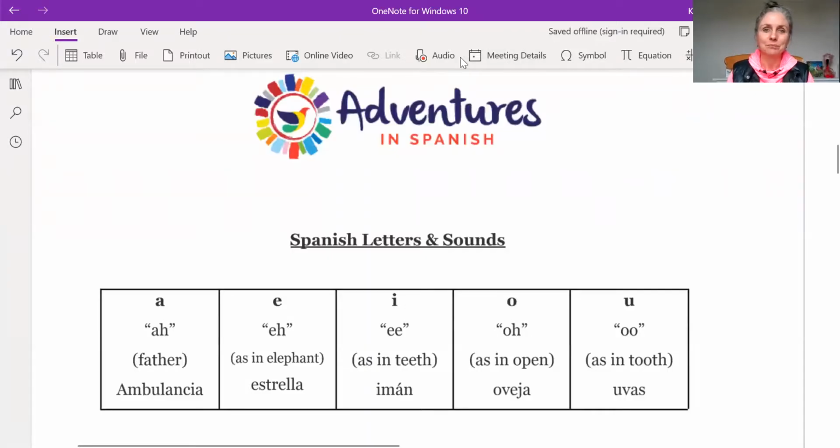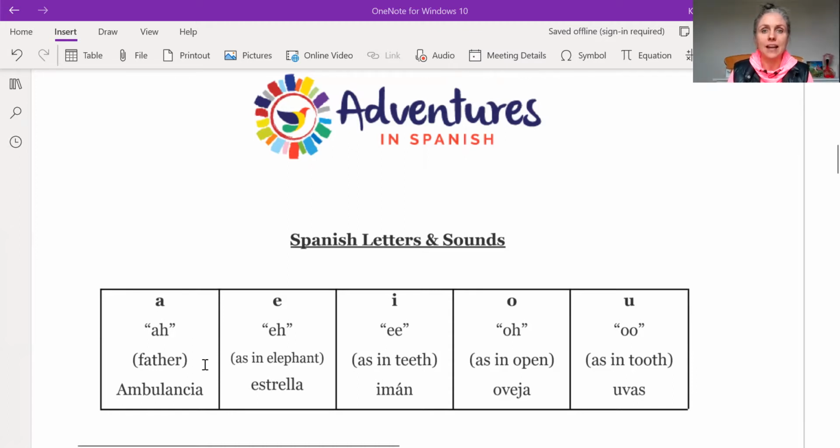So the first thing we're going to do is go through los vocales. And los vocales are the vowels. On this sheet, I have the letter at the top, followed by the phonetic sound of that letter below.